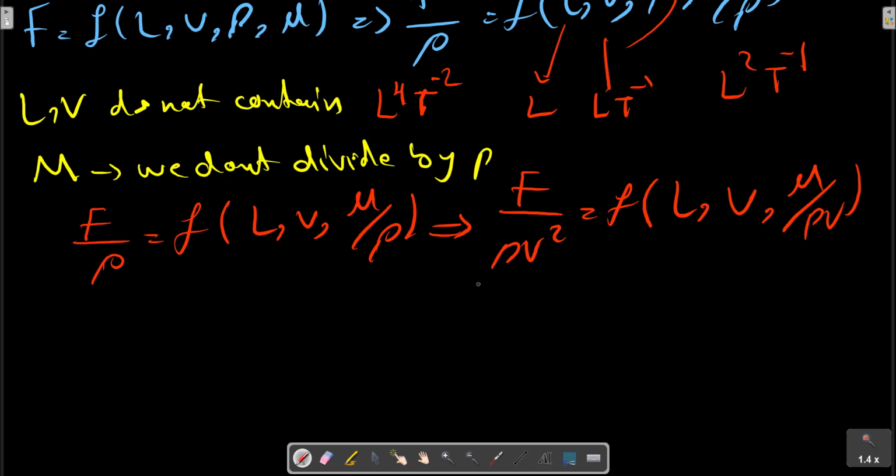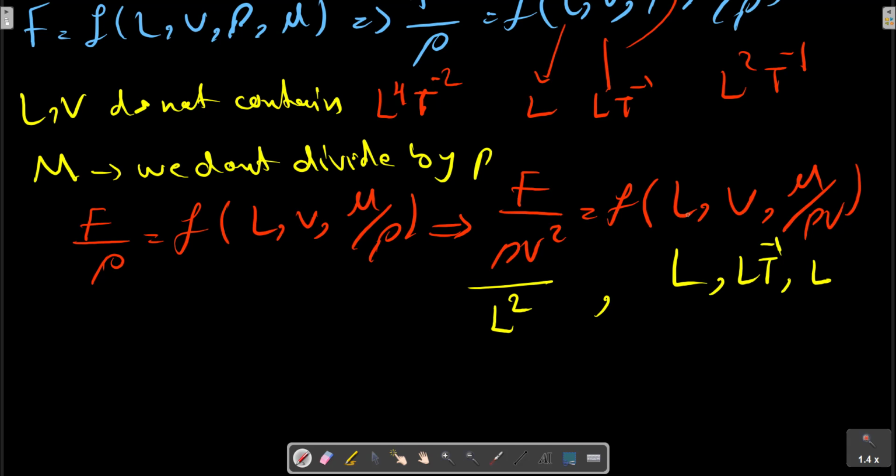The next dimensions are L^2, L, L T^-1, and L. We now see that V is no longer relevant since only V contains time. Finally, eliminate L through division.